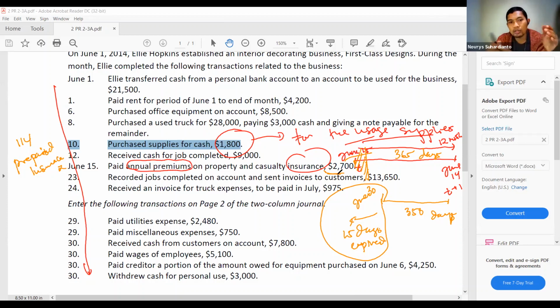Okay, because we need at least two adjustments from this example: supplies and the annual premium.